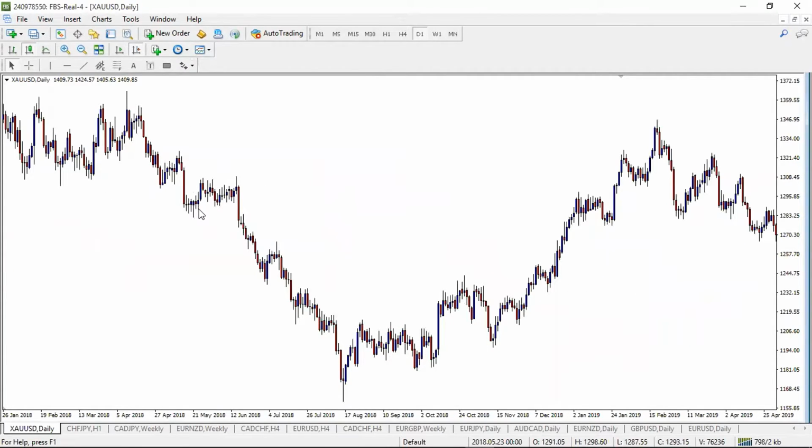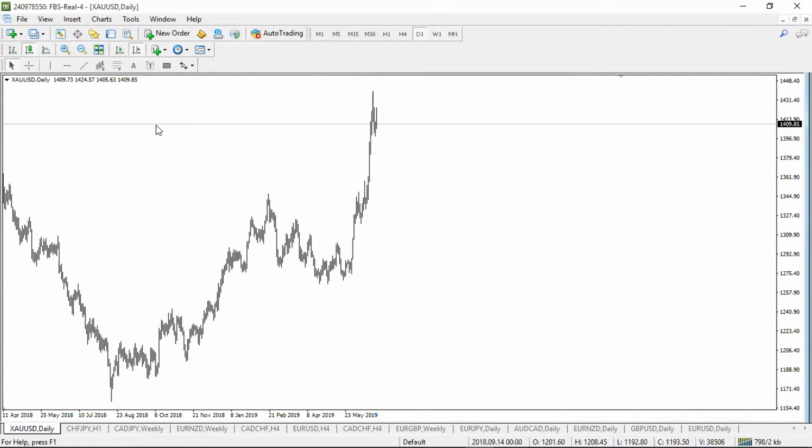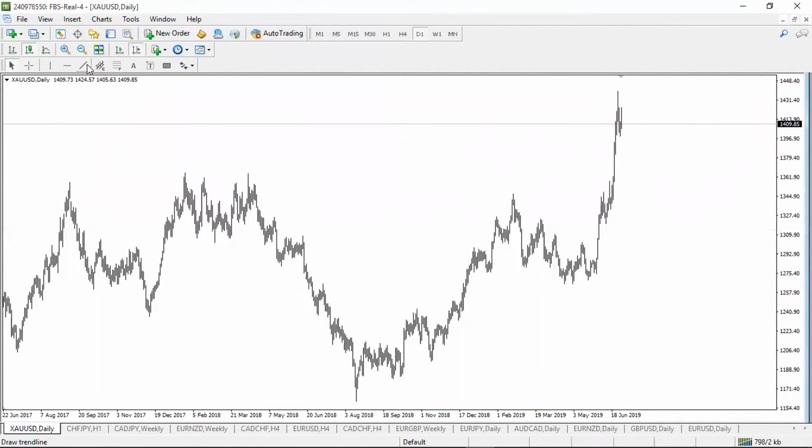A trend is made of two waves, two legs. Let's say this is a downtrend. At the beginning of your trend, you have something like this. There's a leg going down.